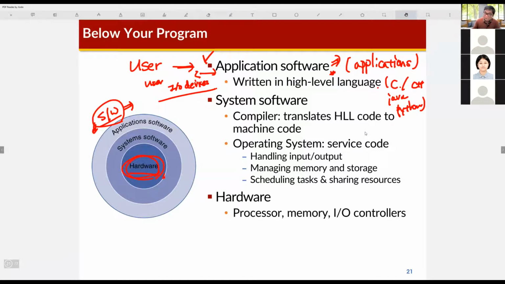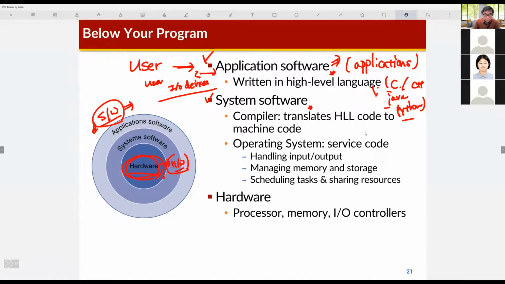So what's the problem? It's very hard to understand the detailed operation of the hardware, because we just use C, Java, Python, and we don't know the detailed hardware operation of the computer system. So we use the system software. System software is the interface between application software and hardware.